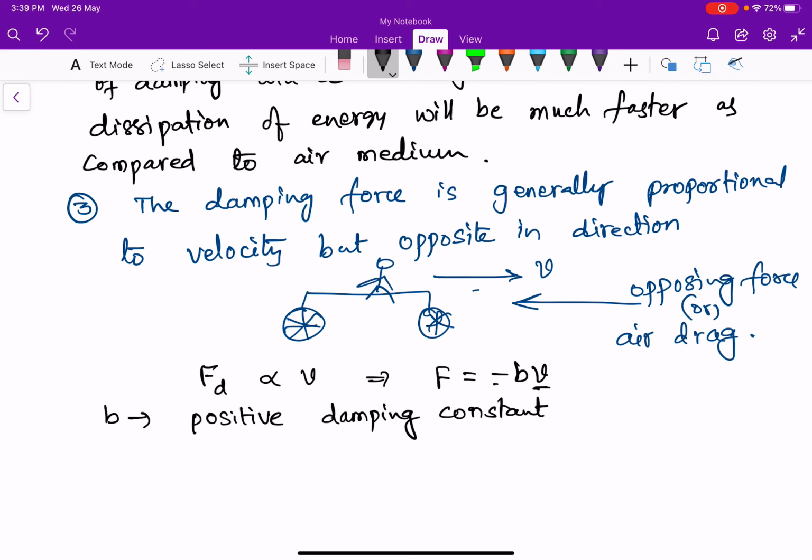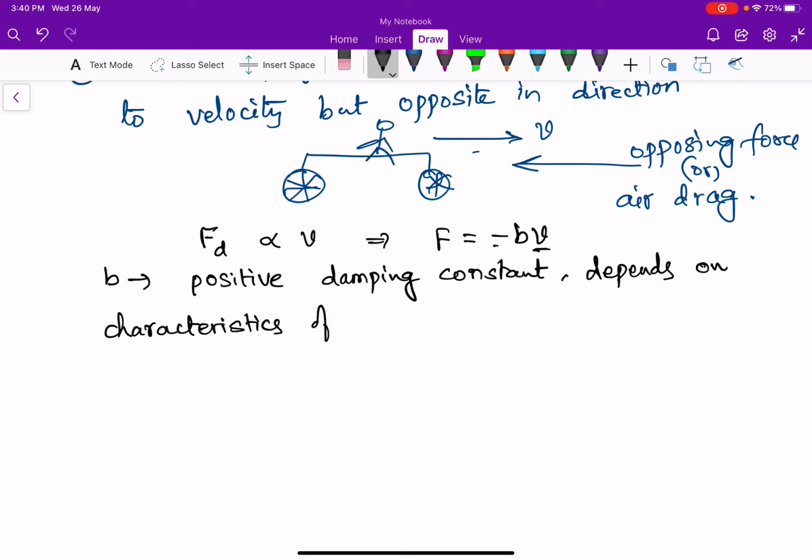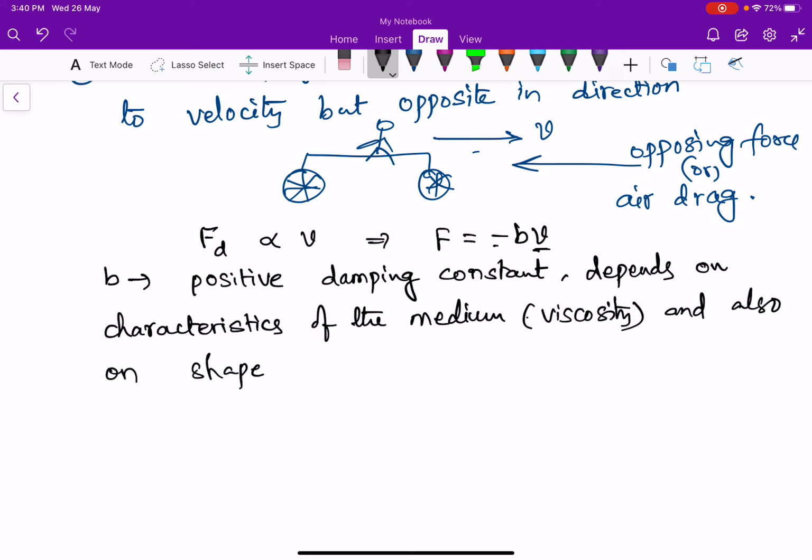It depends on characteristics of the medium, like viscosity, and also depends on the shape and size of the object.